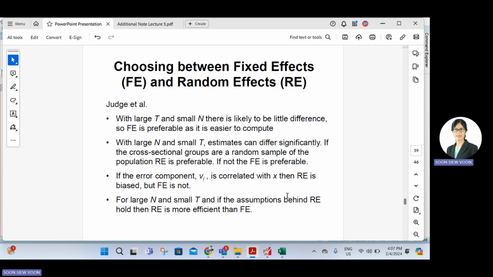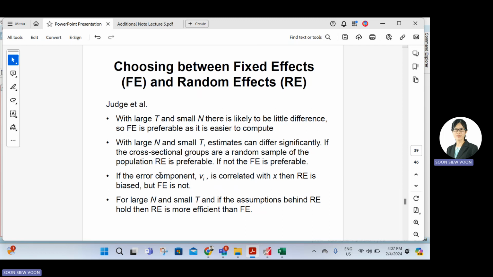If we have a large T and small N, the fixed effect is preferable. It means that in panel estimation, if you have many observations but just a few firms, then fixed effect is preferable. How about large N? If you have many firms but only small T, then random effect is preferable, right?